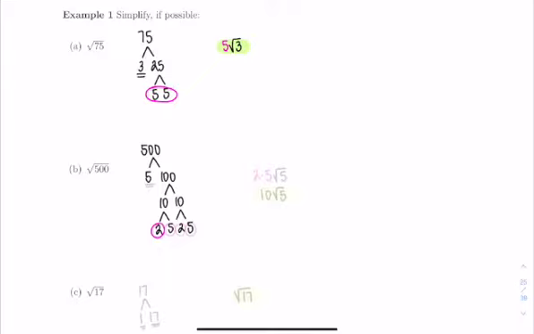So we have a pair of 2s and we have a pair of 5s. So we'll have one 2 come out and one 5 come out, and the only thing left over is the 5, and we end up with 10 square root of 5.